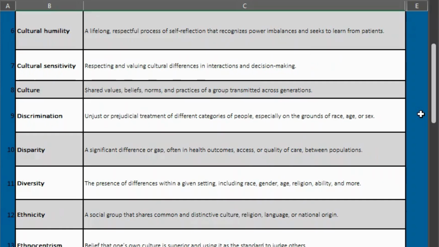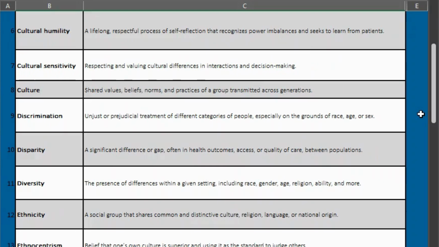Then cultural sensitivity: provide space, for example, for Muslim prayer times without interruption. Culture: understanding that silence after bad news might be a sign of respect in some cultures. Discrimination: scheduling fewer therapy sessions for non-English speakers is discriminatory and impacts recovery.